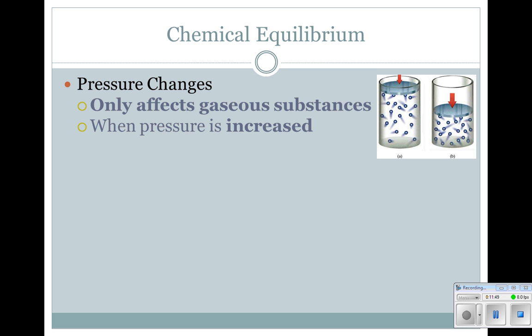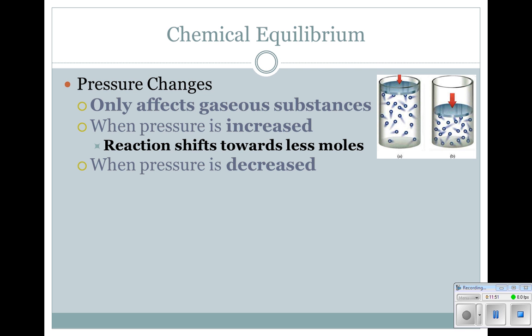When you increase the pressure on a substance, this is going to sound a little tricky, but you'll see when we look at the reaction, we say that the reaction shifts towards whichever side produces fewer moles. And I'll review how we're going to find that. So if you decrease pressure, you shift towards the reaction that produces more moles.